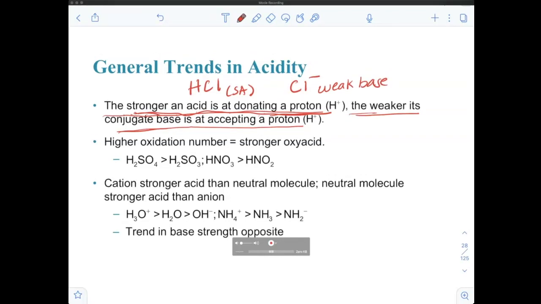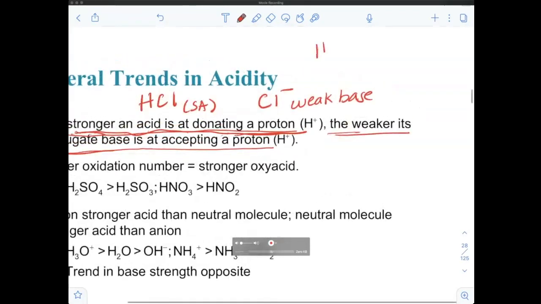I didn't really spend a lot of time during lecture talking about this, but let me explain how I understand it. Remember, the stronger acid is strong because the bond between the hydrogen and the chlorine is weak. This bond breaks quickly, allowing hydrochloric acid to give up the hydrogen ion.